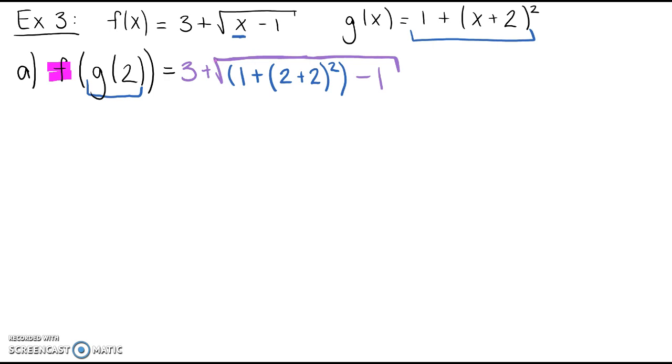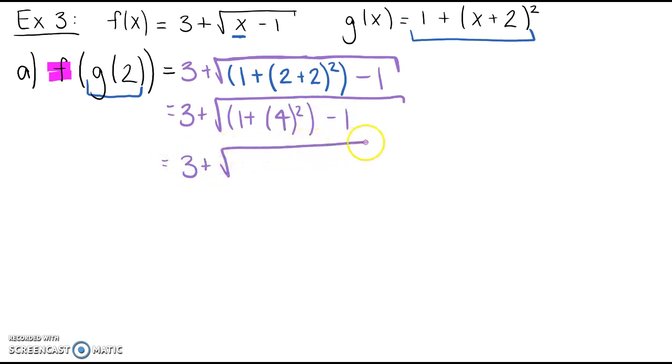Now all I need to do is simplify and solve. So I'm going to bring down my 3, parentheses first, so 2 plus 2 is 4. Bringing everything down, 4 squared is 16, 16 plus 1 is 17, so we have 17 minus 1. 17 minus 1 is 16, so I have 3 plus the square root of 16.